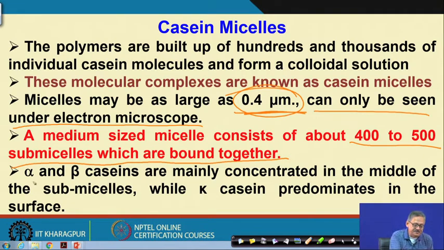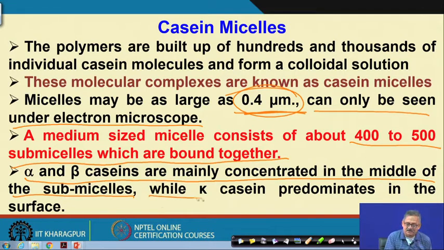So, alpha and beta caseins are mainly concentrated in the middle of the sub-micelle, while kappa casein predominates on the surface. Can you give a reason why it is so?